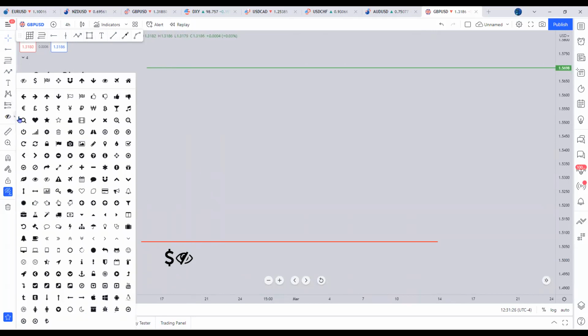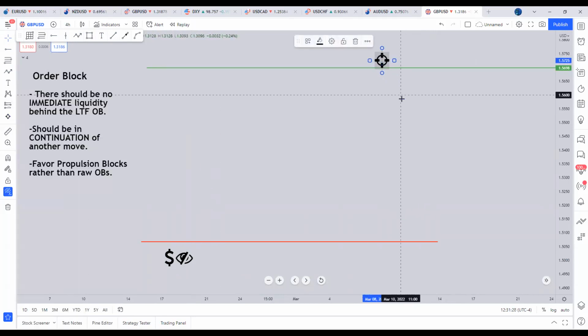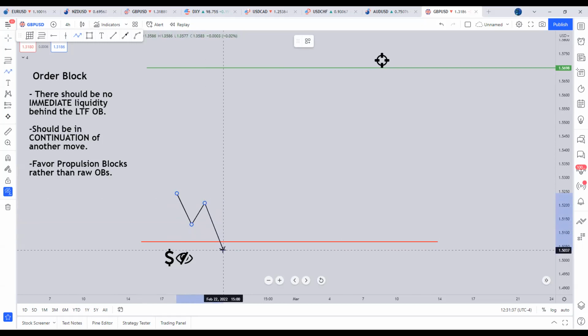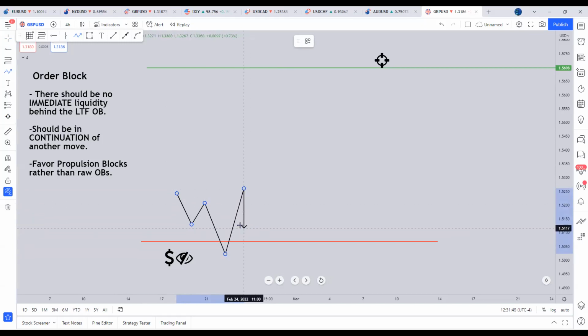This is what we're assuming. Now let's draw price. Let's say price comes in, very simply takes this point, and now price kind of just breaks structure a little bit. And now here we see an order block.